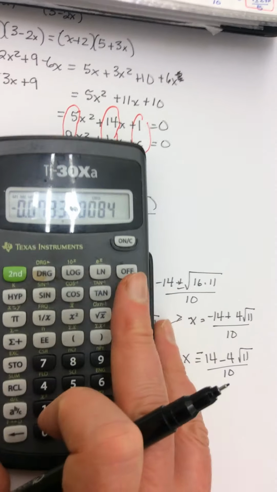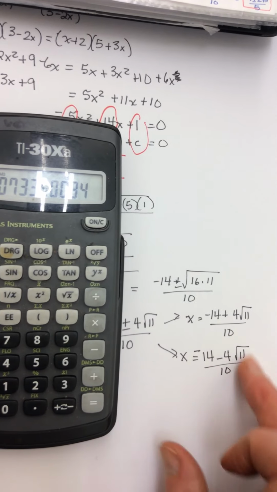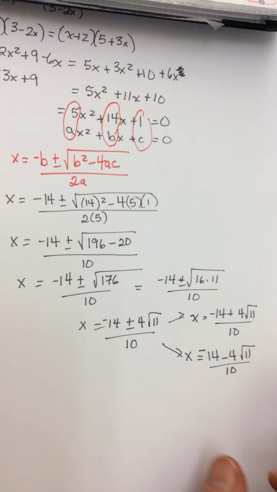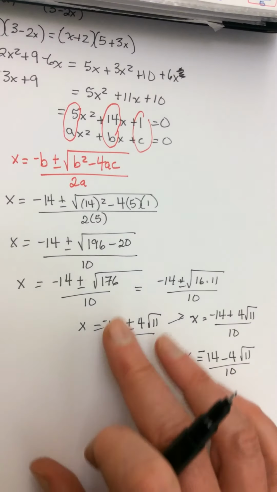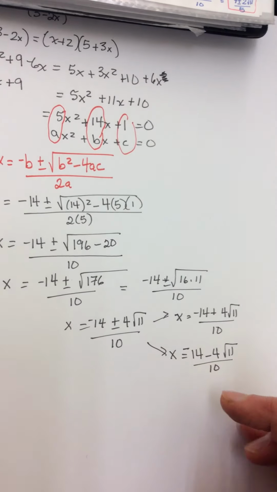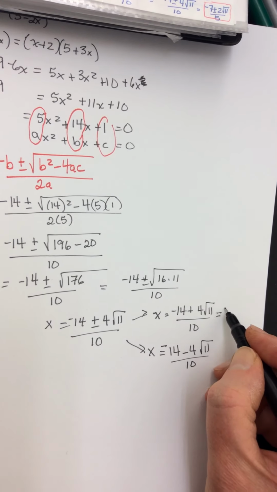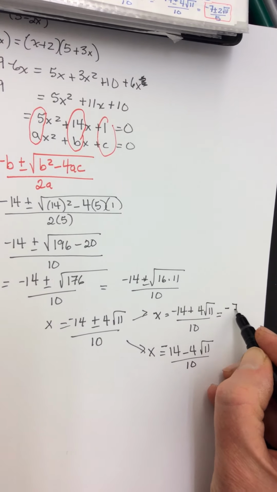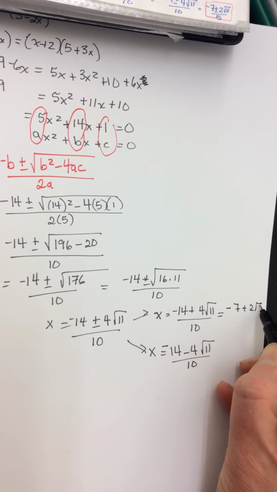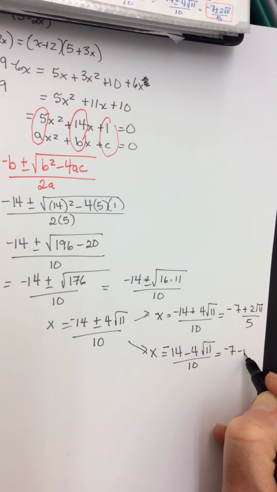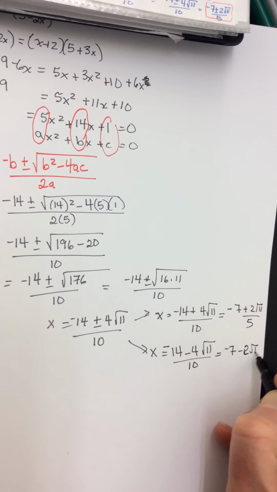That would give you one answer, and then you would do exactly the same thing only with the negative. But for right now, I'm just trying to get you to see how to use the quadratic formula, so we won't worry about that. If we were to leave it like this, we'd probably actually reduce it because 2 goes into everything, so it becomes negative 7 plus 2 root 11 over 5, and negative 7 minus 2 root 11 over 5.